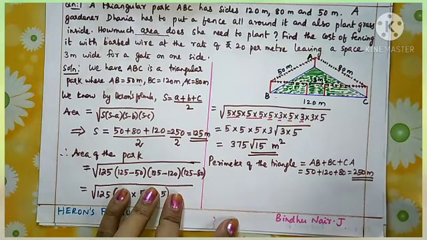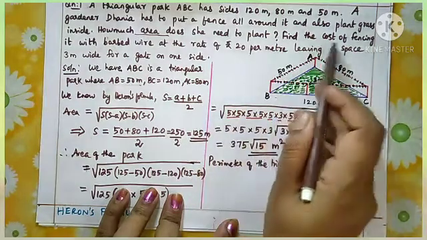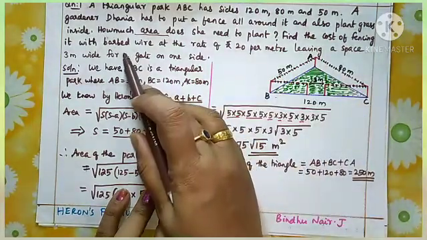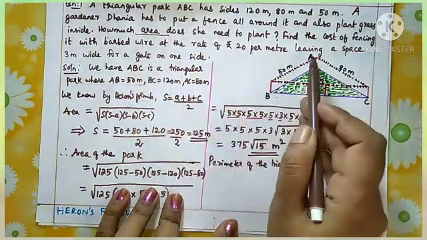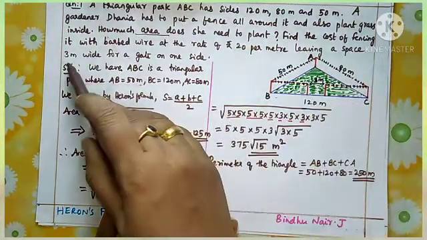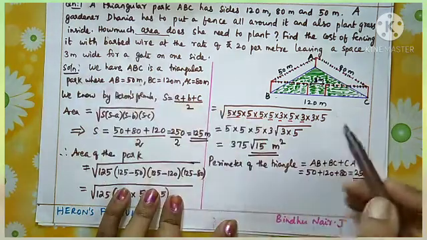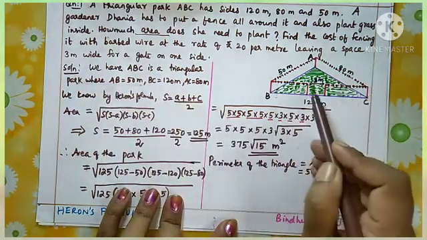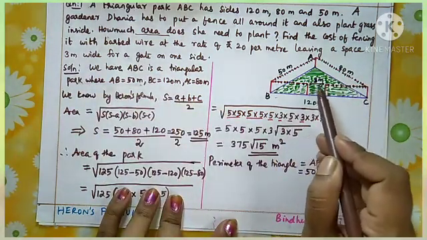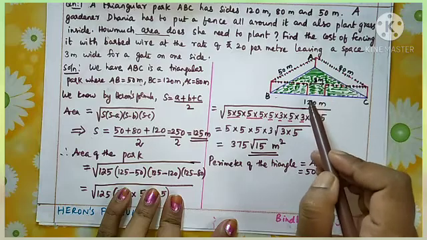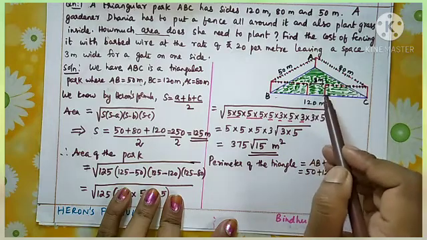This is the perimeter. Now you see, when you are going to fence this park with barbed wire, we need to leave a space. How much space do we want to leave? 3 meters. In this complete fence, we want to leave this 3 meter area for putting a gate there.